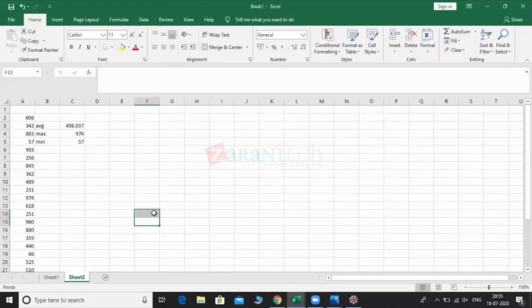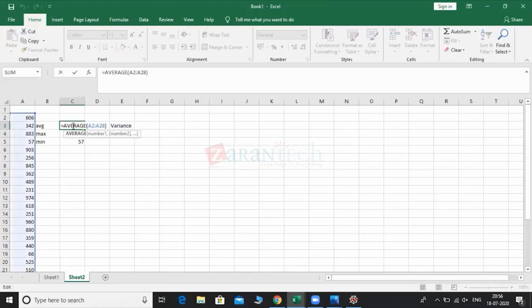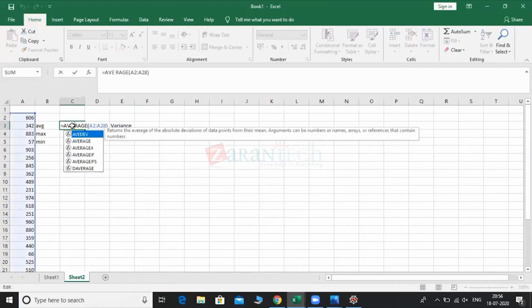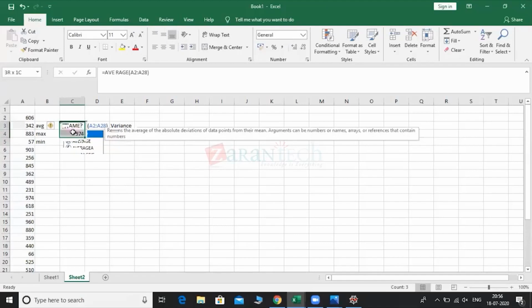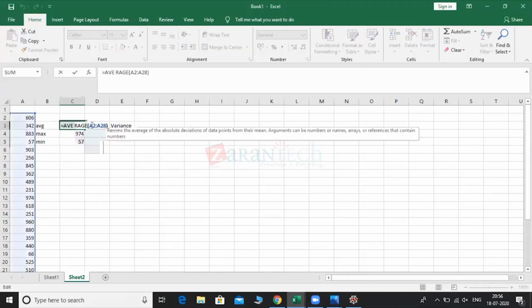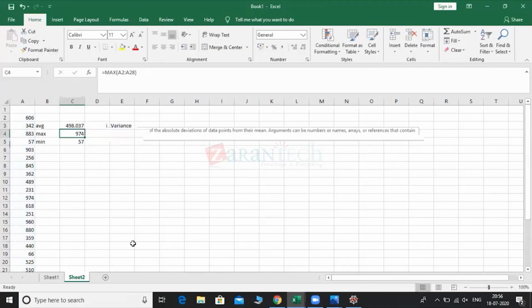Very simply, let's try to understand variance. See, the average of all these numbers that we had just written is 498, right?